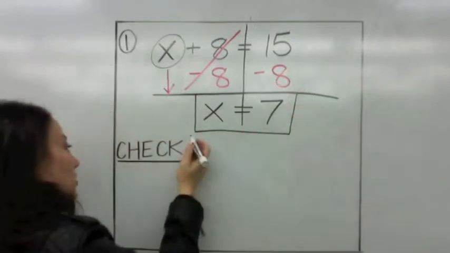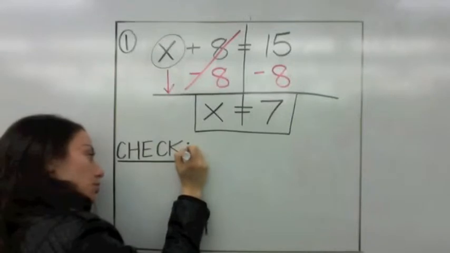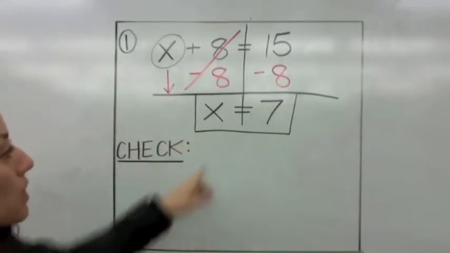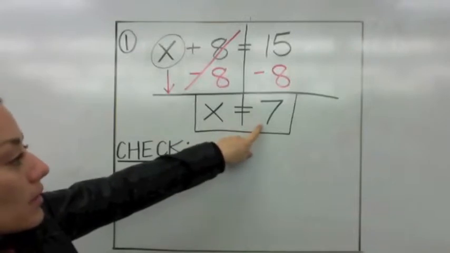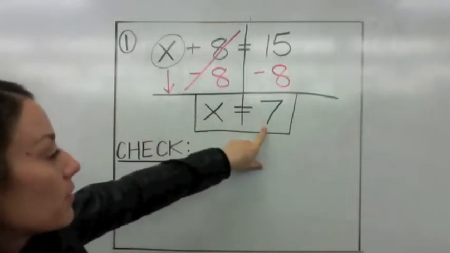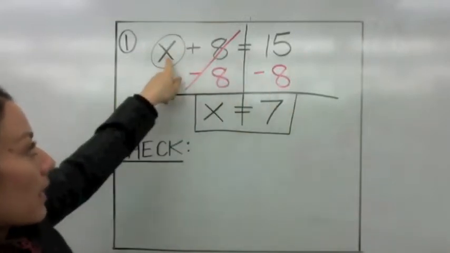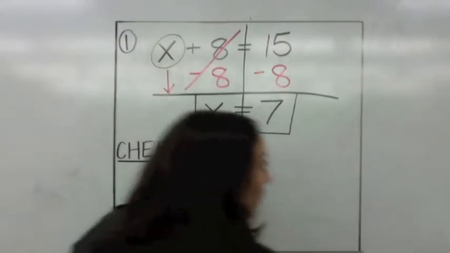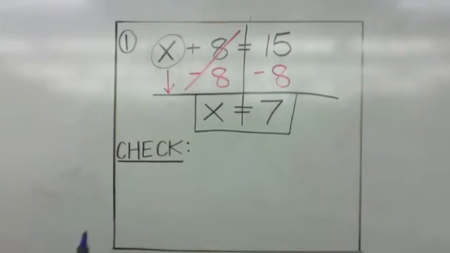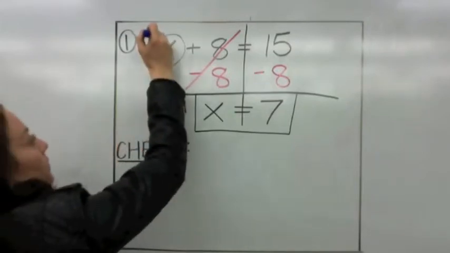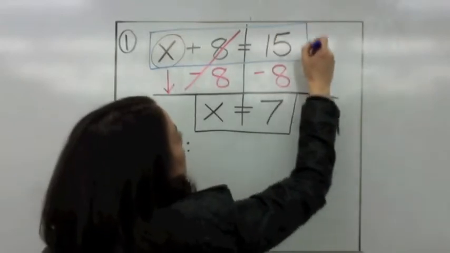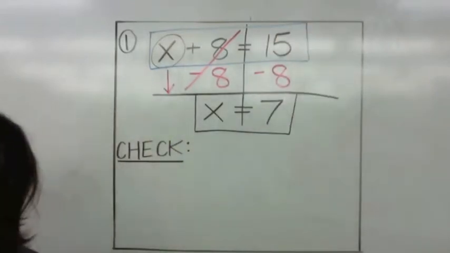Here comes step number 2. Even if you think x equals 7, you should be able to check your answer, which means substituting that value for x back into the original equation. A lot of people were having a hard time with this. The original equation is x plus 8 equals 15.